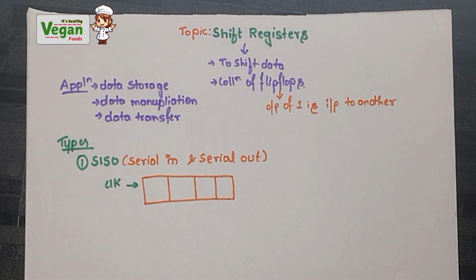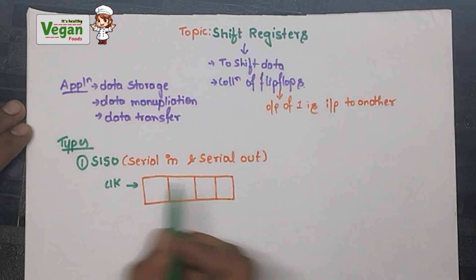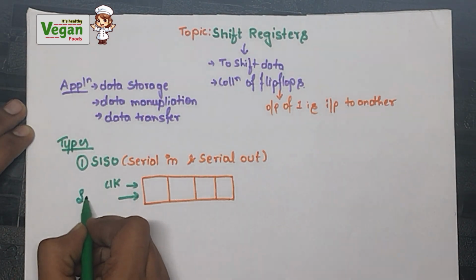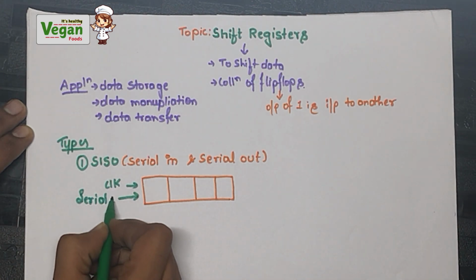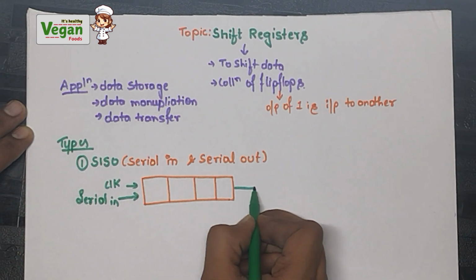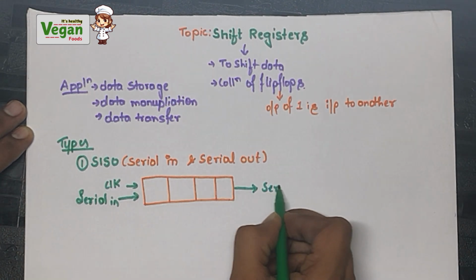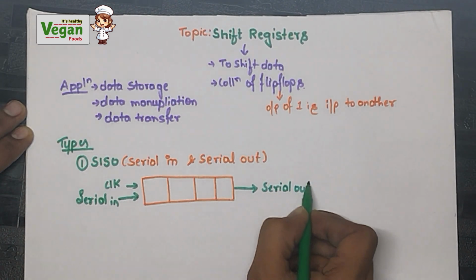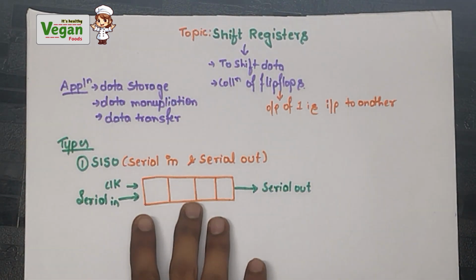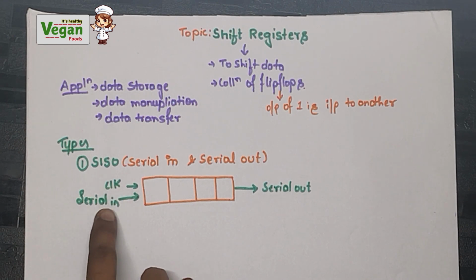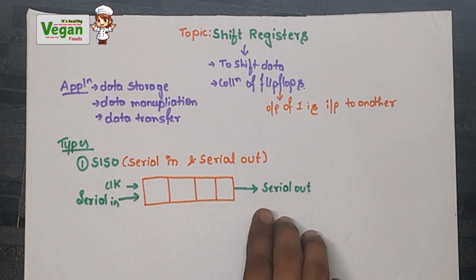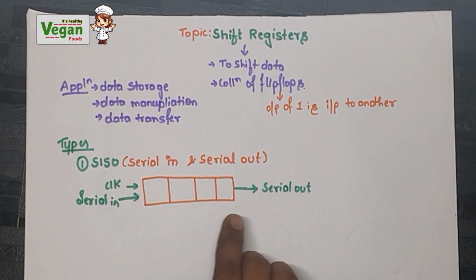Next, in this serial in serial out, the input will be given in serial form, therefore serial input. It will go like this and the serial output will come. It is like a series of flip-flops kept together. Therefore the clock and the serial input will act as inputs, and the serial output comes through these blocks of flip-flops.